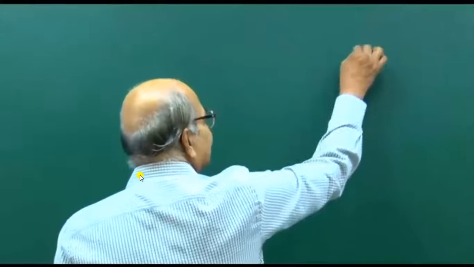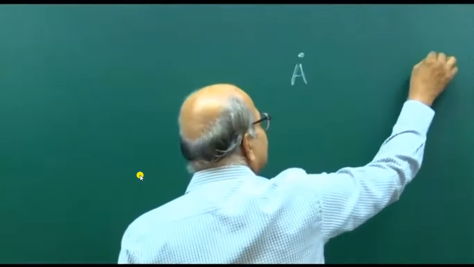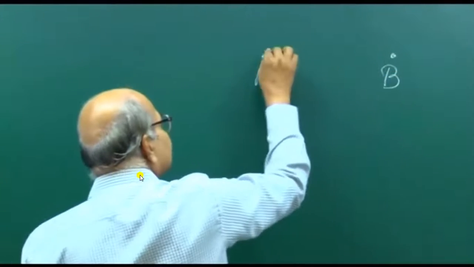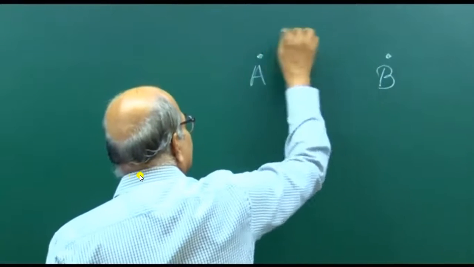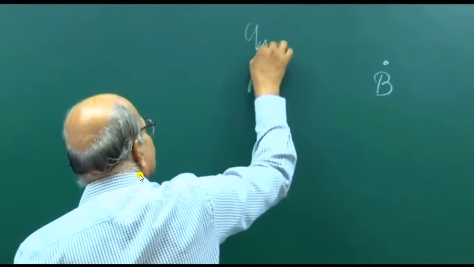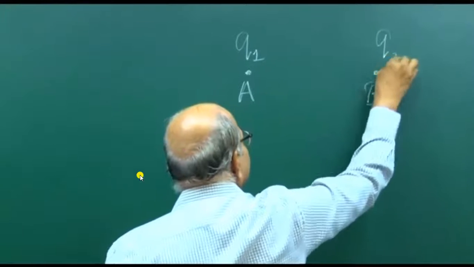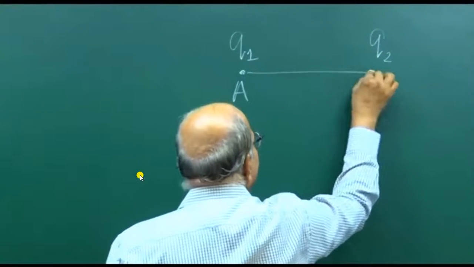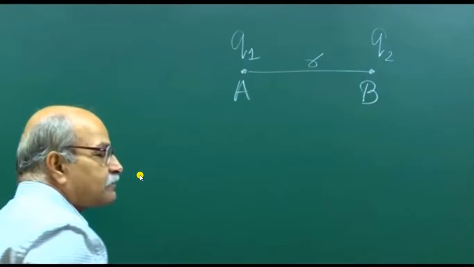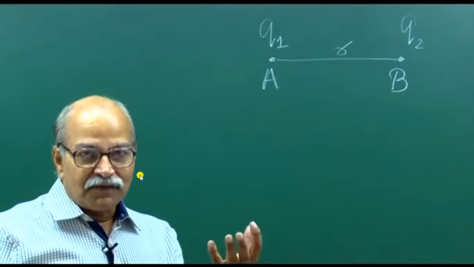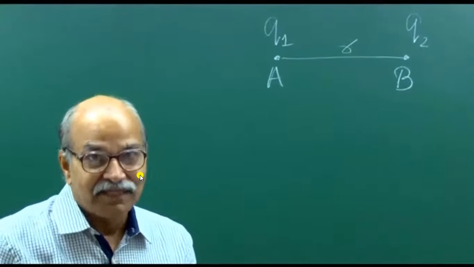The starting point for discussing these electrical forces is Coulomb's law, and that is, if you have two charges or two objects, let us say object A and object B, and you have charges placed on these objects, Q1 charge here, Q2 charge here, and the separation between them is, let us say, R. Charges are always placed on some objects, some material.